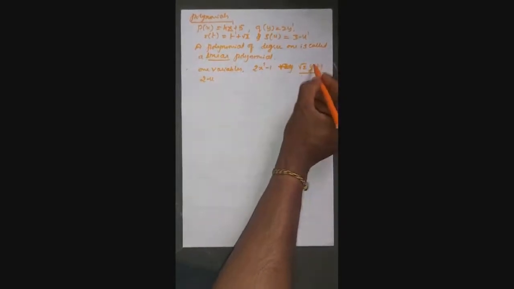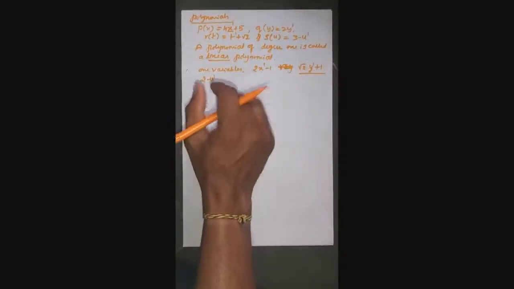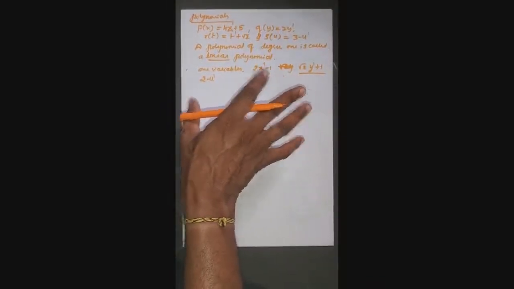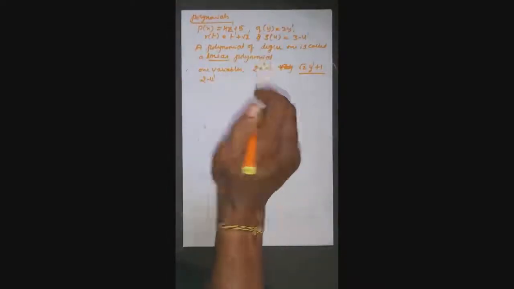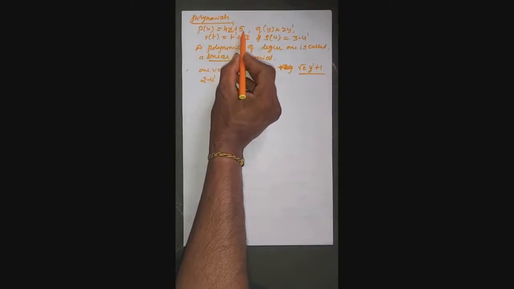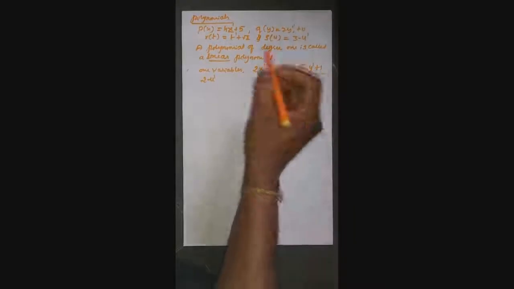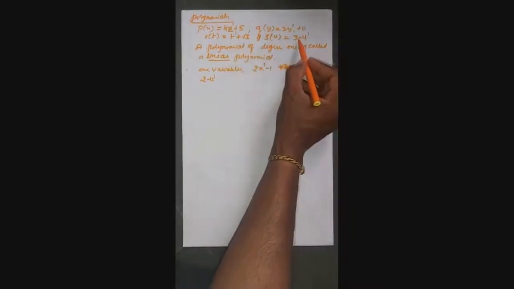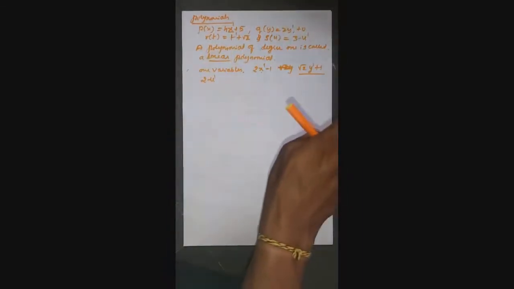Highest power is 1 here, here also, here also, right? You would not be able to find it, because a linear polynomial in x can have at most how many terms? 2 terms. 2x to the power of 1 plus 5, for example 2y to the power of 1 plus 0 we can take, right? t to the power of 1 plus root 2 and 3 minus u. How many terms are there? 2 terms. 3 terms will not be there.